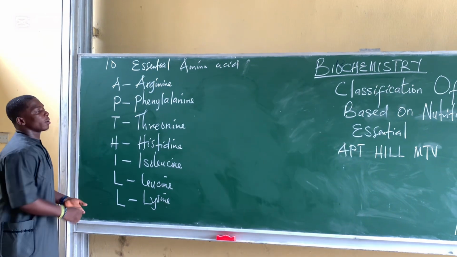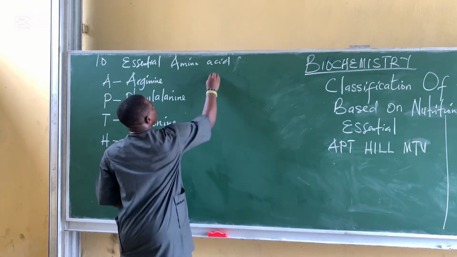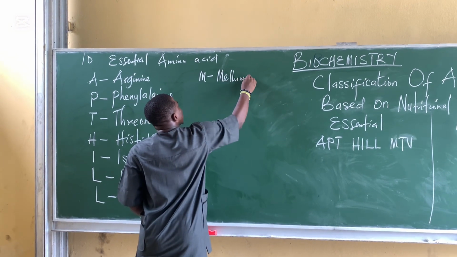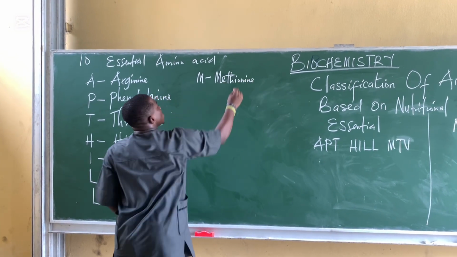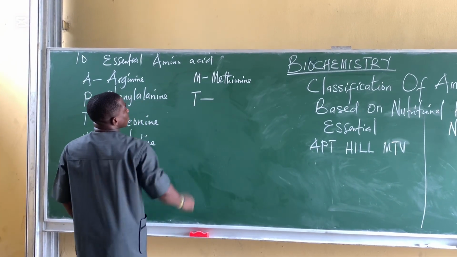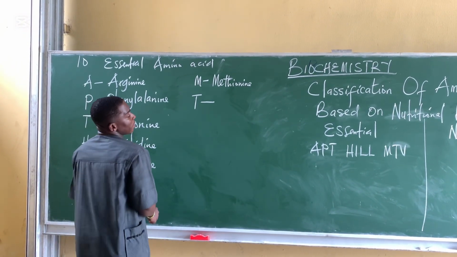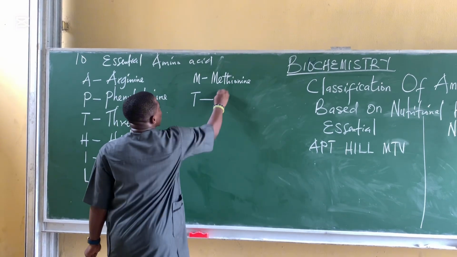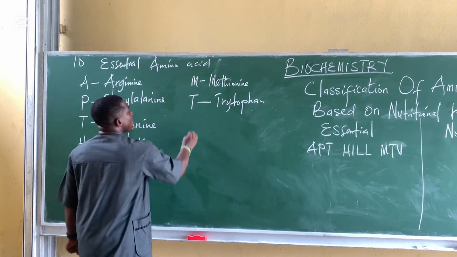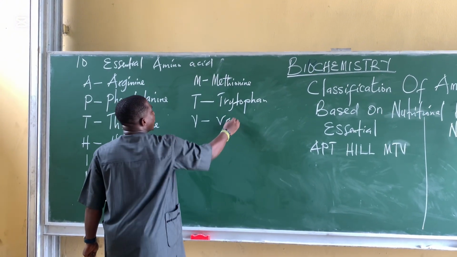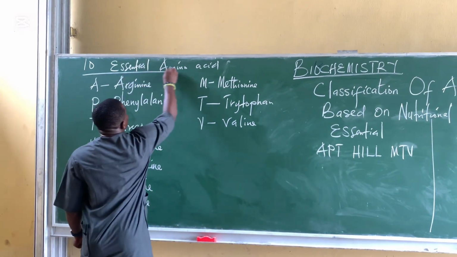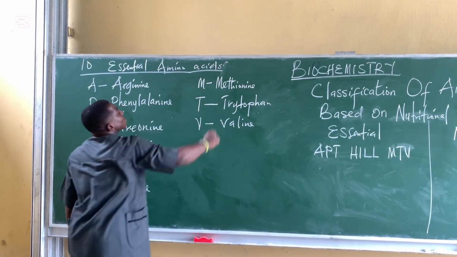This M represents methionine, the T represents tryptophan, the V represents valine. So these are the 10 essential amino acids.